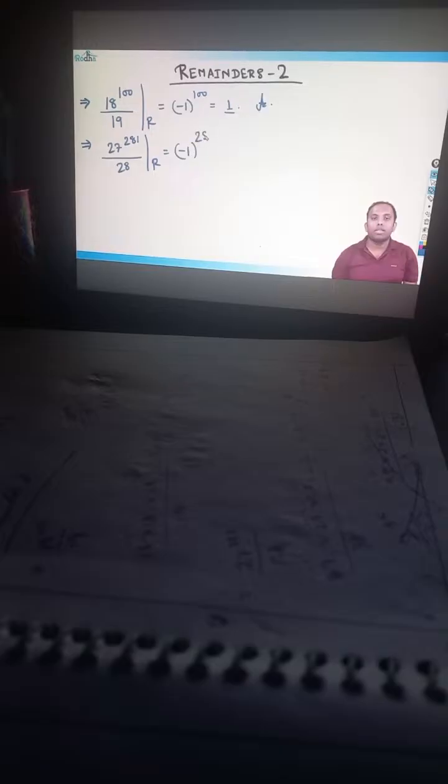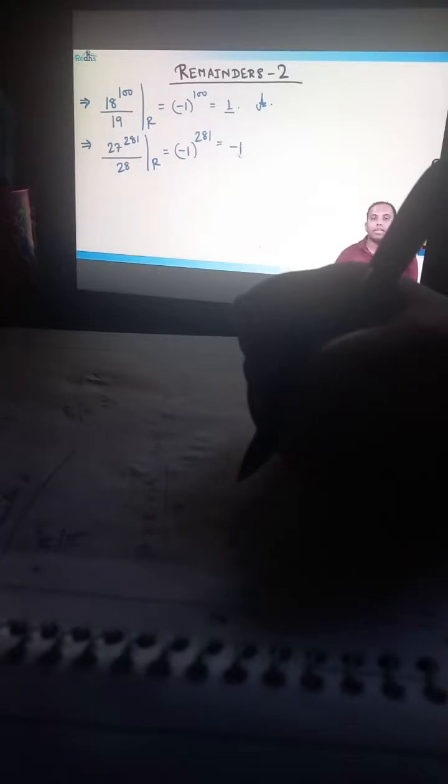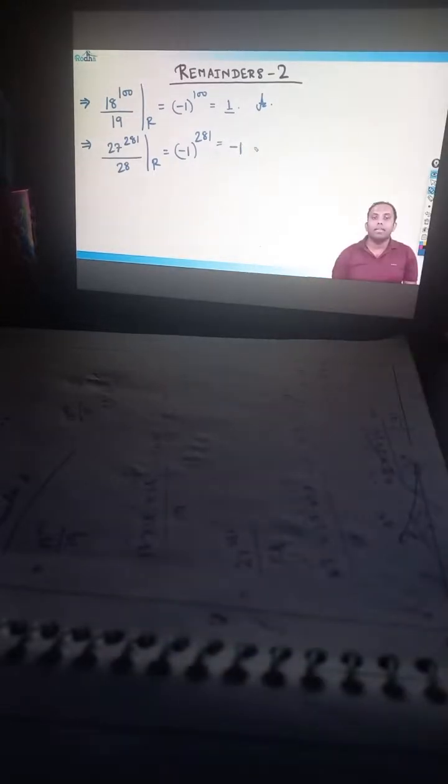Minus 1 raised to 281. Minus 1 raised to an odd power, the minus sign is retained, it is minus 1. But in remainders the final answer is never negative. Always write the positive corresponding remainder.